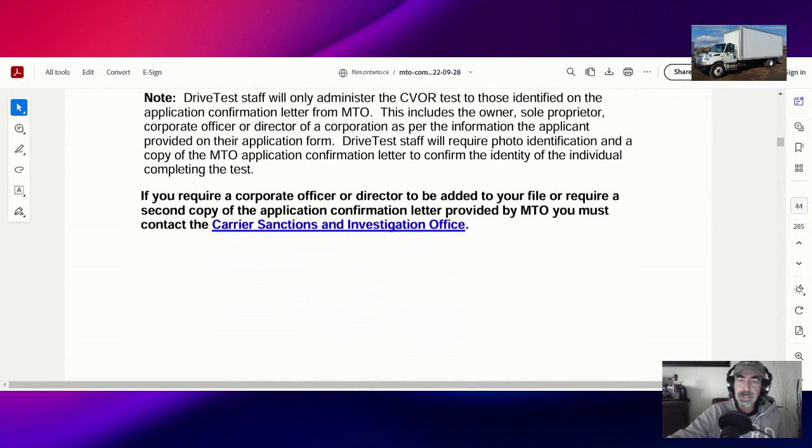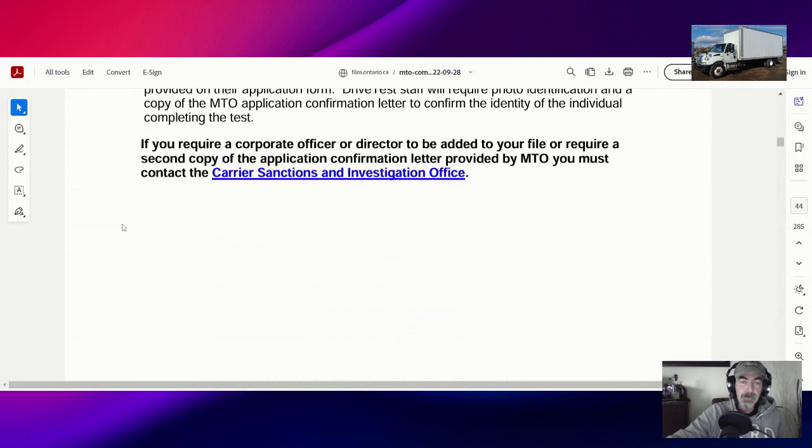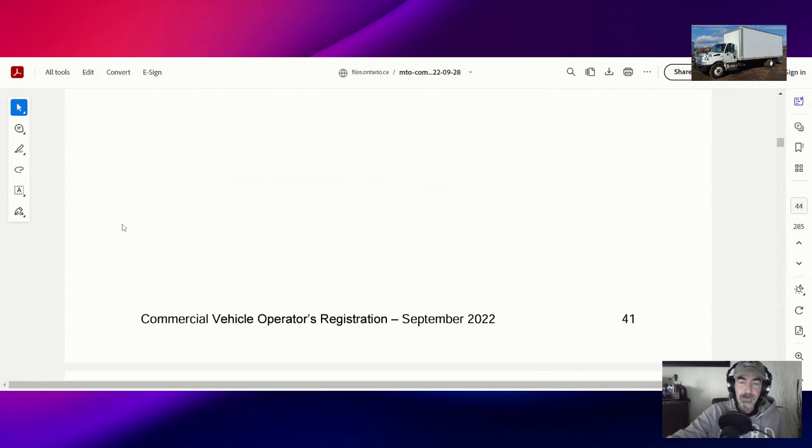Drive test staff will require photo identification and a copy of the MTO application confirmation letter to confirm the identity of the individual completing the test. If you require a corporate officer or director to be added to your file or require a second copy of the application confirmation letter provided by MTO, you must contact the Carrier Sanctions and Investigation Office.